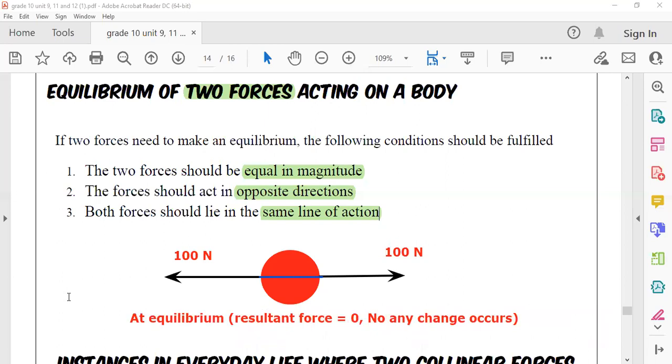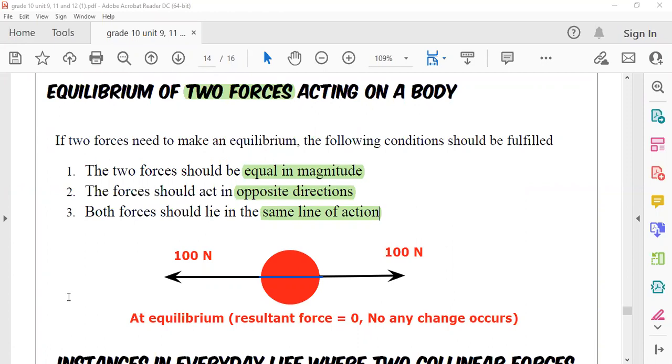Could you please complete it down? Remember, if any one of these conditions is missed, then equilibrium will not stay.